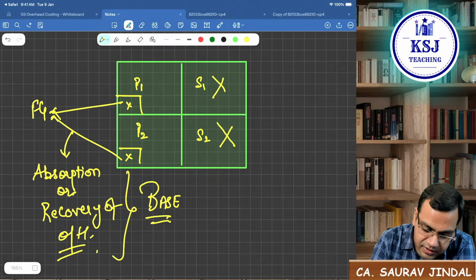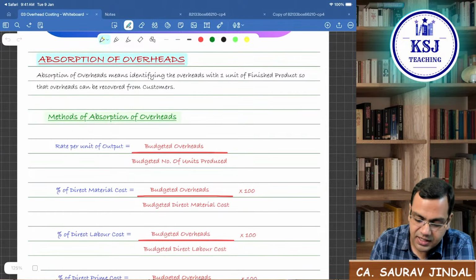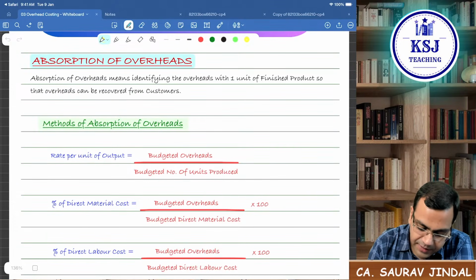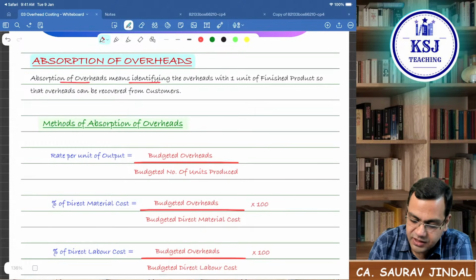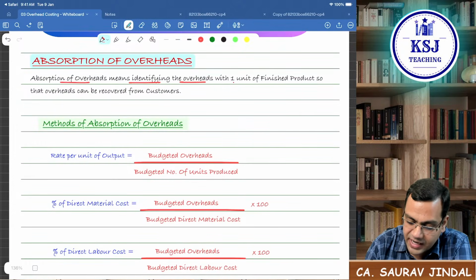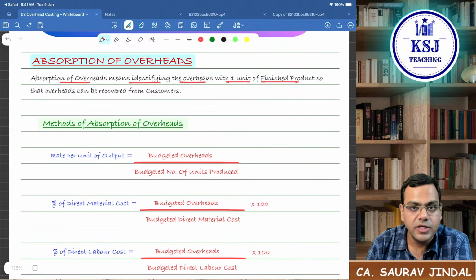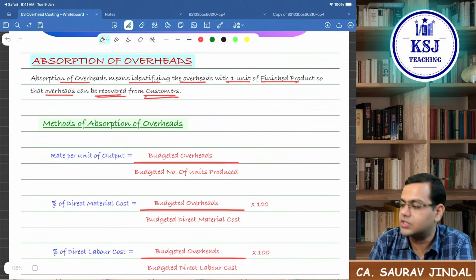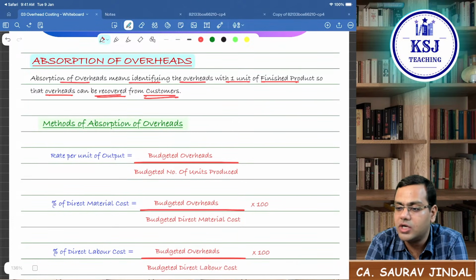So these are the bases. On these bases, there are different methods. So absorption of overheads is what? The absorption of overheads means identifying the overheads with 1 unit of finished product so that the overheads can be recovered from customers, because the ultimate motive is recovery of overheads from the customers, right?